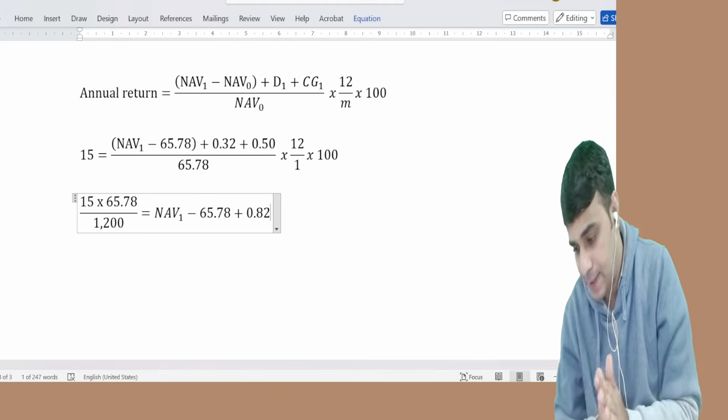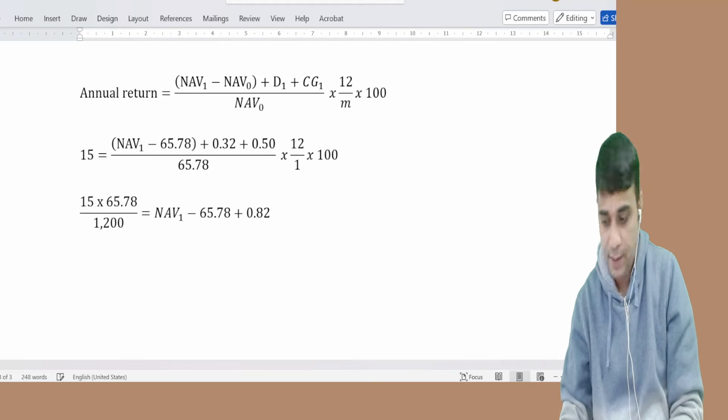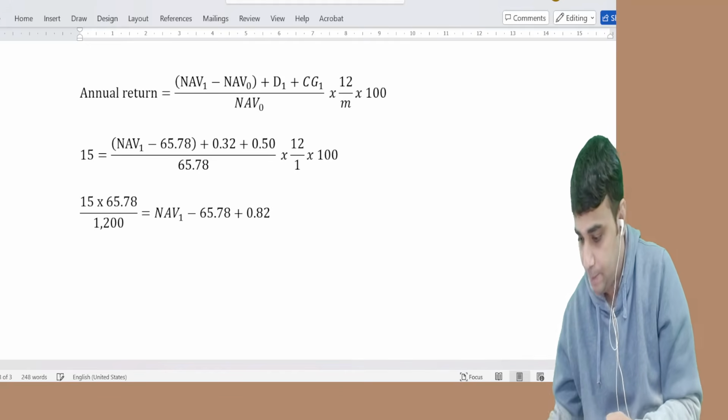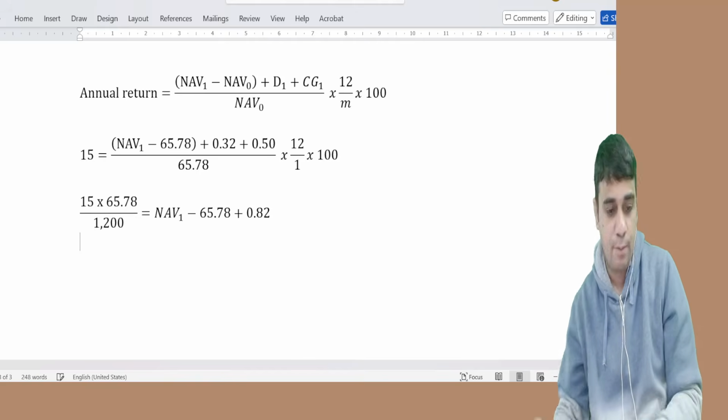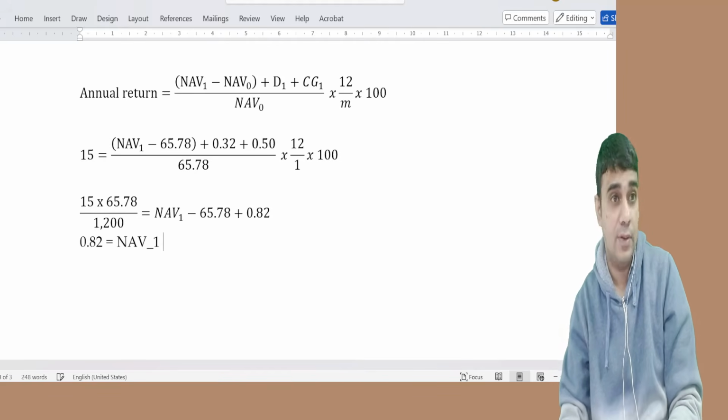Clear? Get me the answer for NAV1. 15 into 65.78 divided by 1200. A two decimal answer will do. What's the answer you said? 65 point.